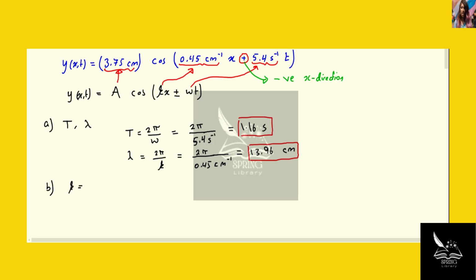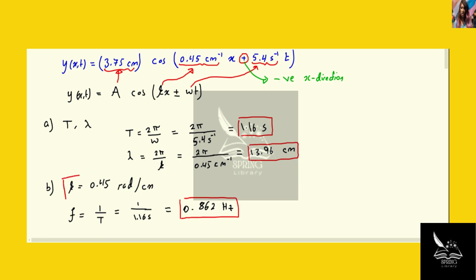We just need to say k is equal to 0.45 rad per centimeter, and the frequency is just 1 over the period, which is equal to 1 over 1.16 seconds, and that's equal to 0.862 hertz. So this is the frequency and this is the wave number.